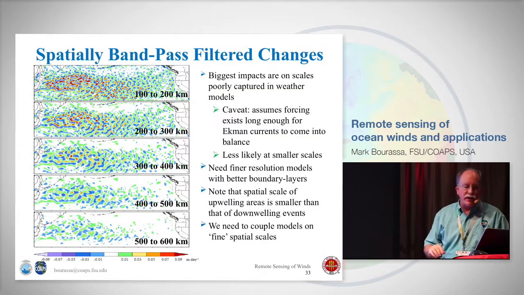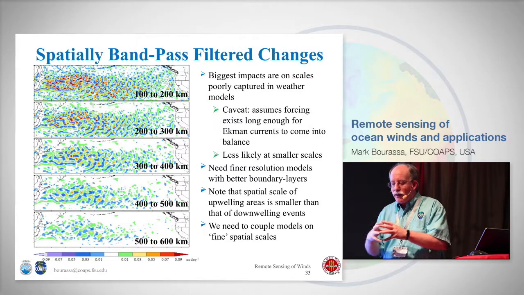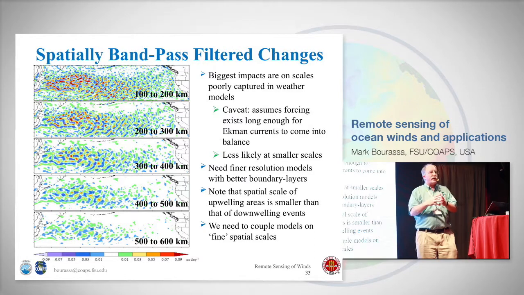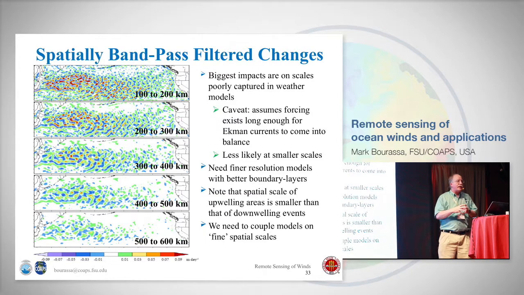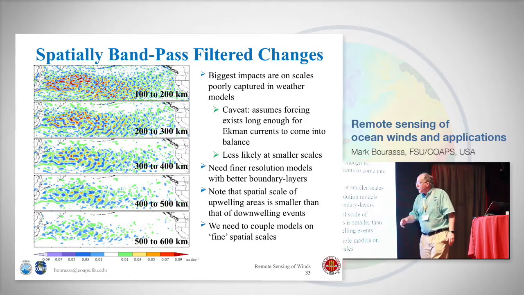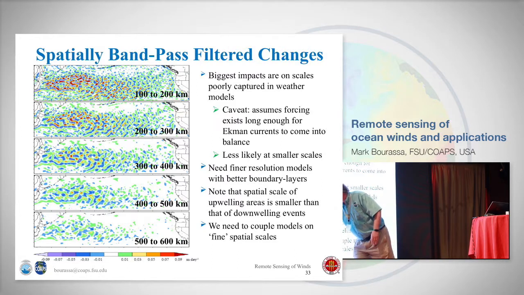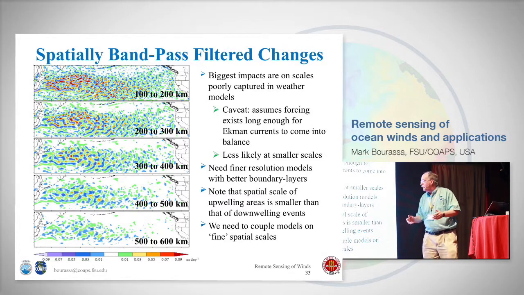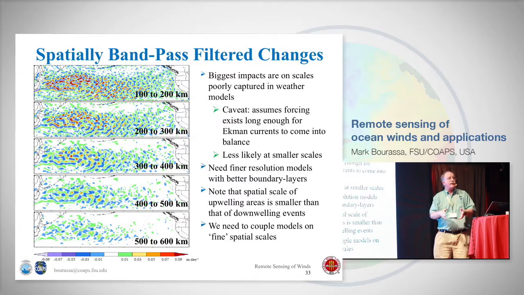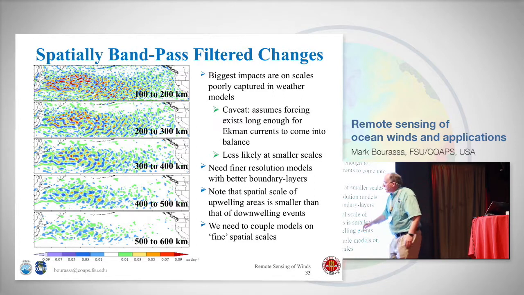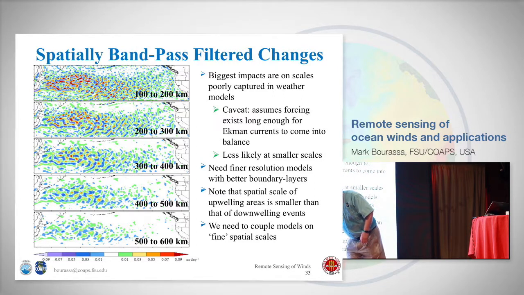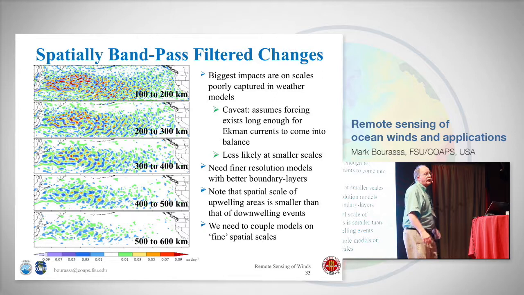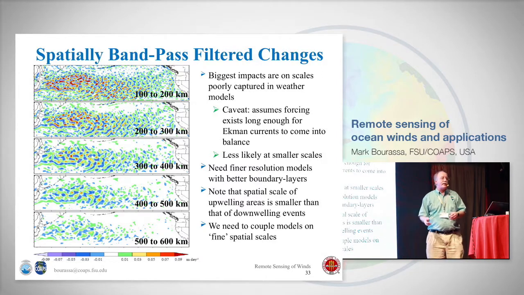What's cool about this is we can take that method for calculating a curl, which is doing the Ekman upwelling, and I can use it as a spatial filter. I can calculate for here something on a 500 kilometer diameter and something at a 600 kilometer diameter, and I can subtract the 500 one from the 600 one, and that automatically gives me the variability on scales between 500 and 600 kilometers, without going through all the Fourier stuff that's not going to work well for this kind of application.